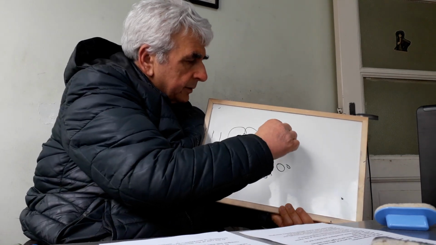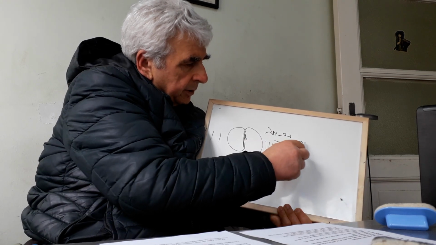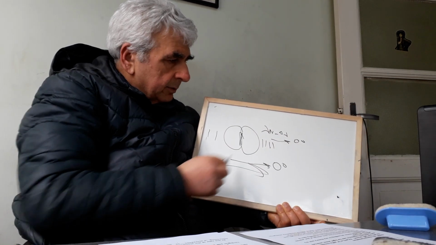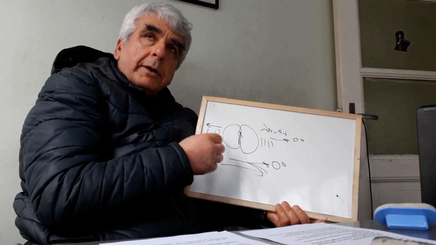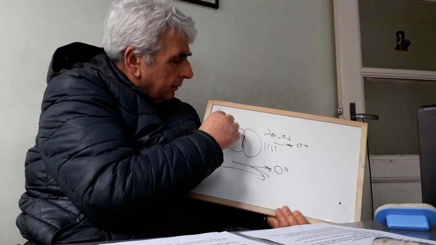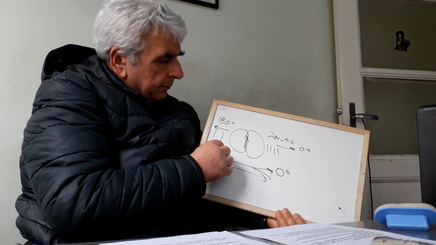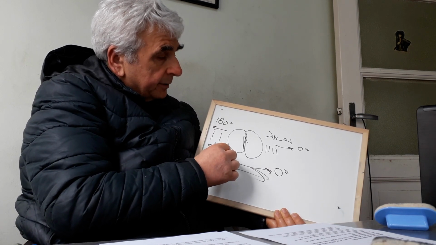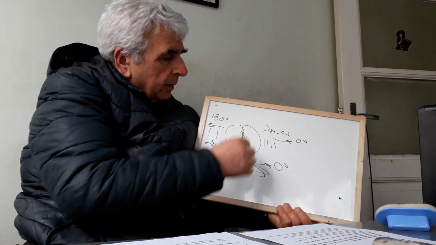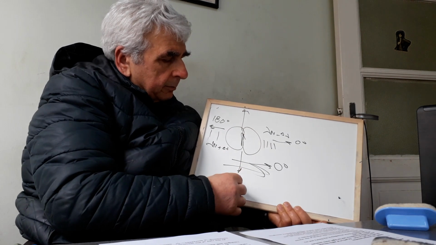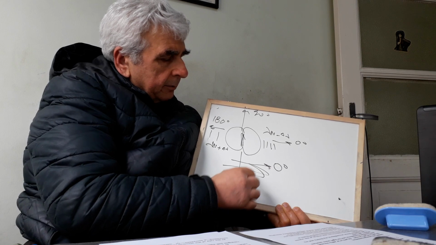This is lambda n minus delta lambda in the 0 degree direction, and in the 180 degree opposite direction, lambda n plus delta lambda. Okay. In 90 degree, remember, lambda n.